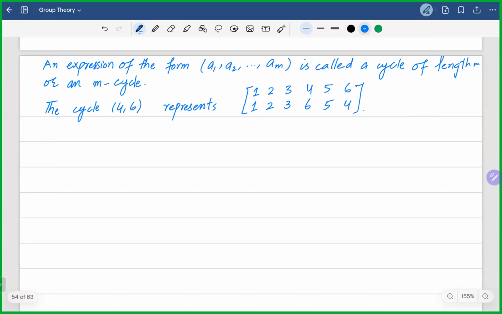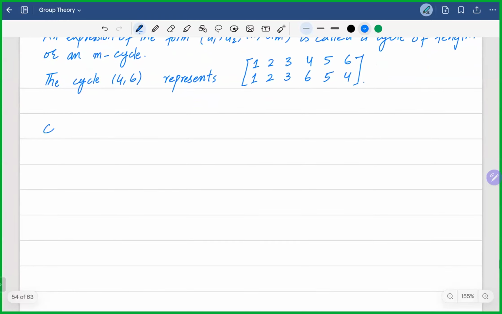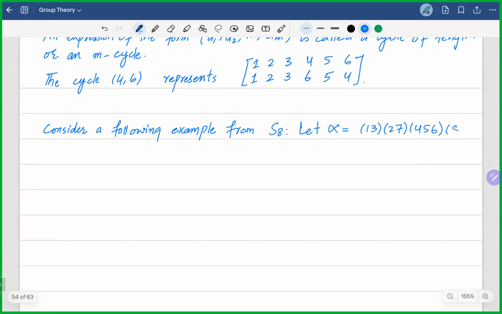Now consider the following example from S8. Let alpha be a permutation which is (1 3 2 7)(4 5 6 8).